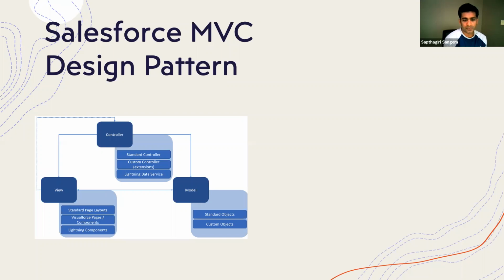Model is where you define fields and all, and view is where you show the fields on the user interface, basically any web application or browser. And if you want to control any behavior, you expose a button, and when you click on the button, what is going to happen?